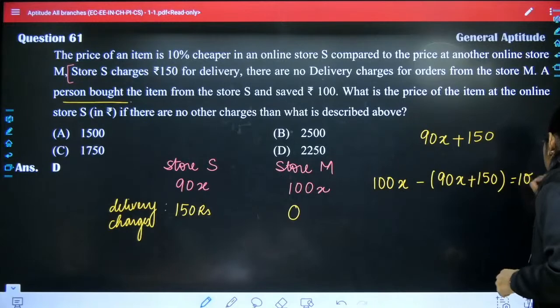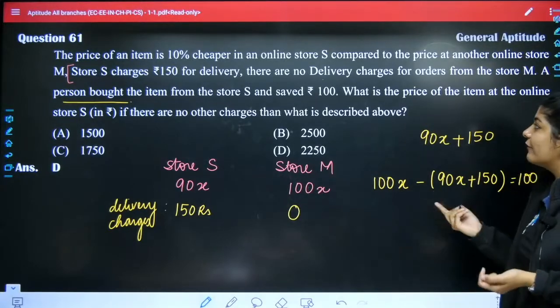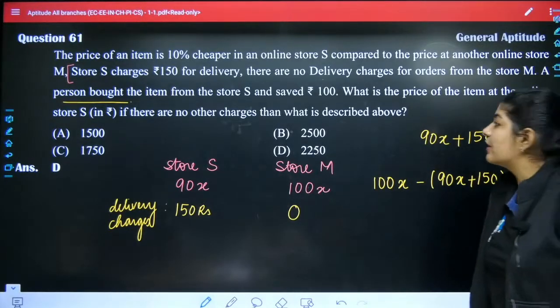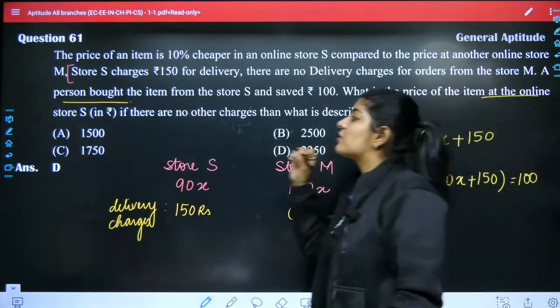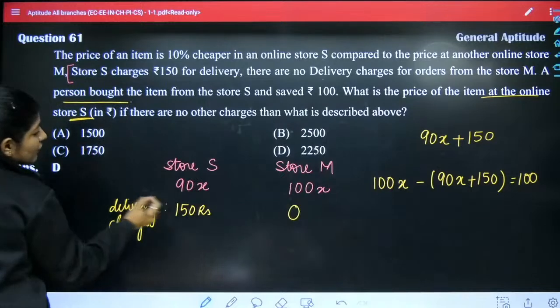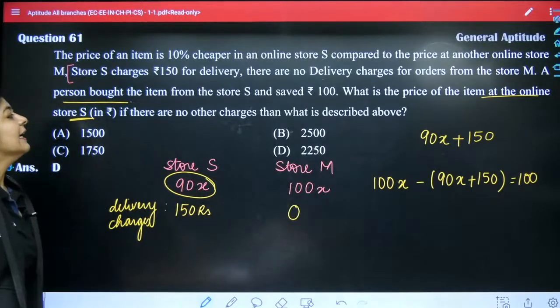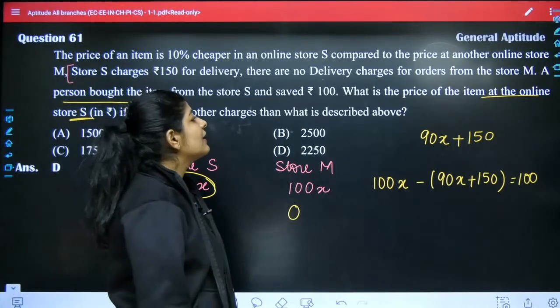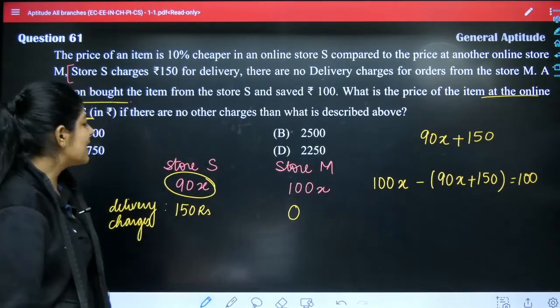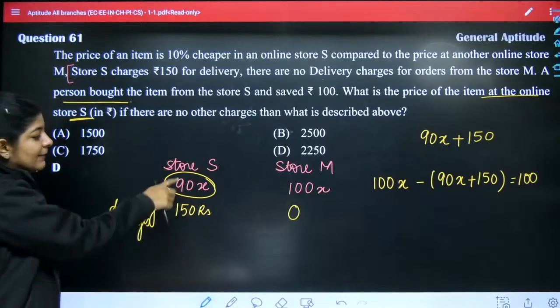So here we have one condition and one variable. Now what do we have to find out? The price of the item at online store S. We need to find the value of 90x in rupees if there are no other charges than those described above.